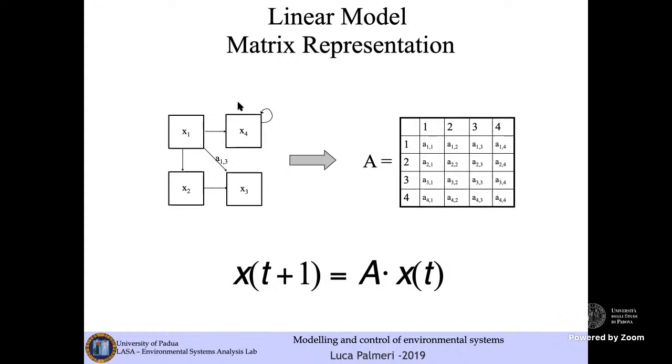Employing this type of description allows us to make calculations in a very efficient way on a system that may be very complicated, for example, very complex in terms of number of state variables.